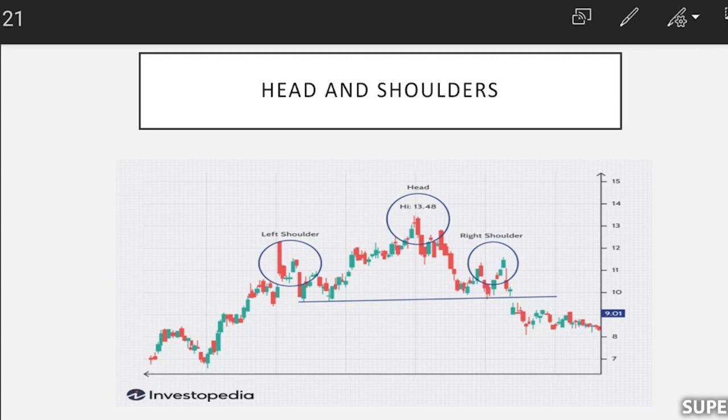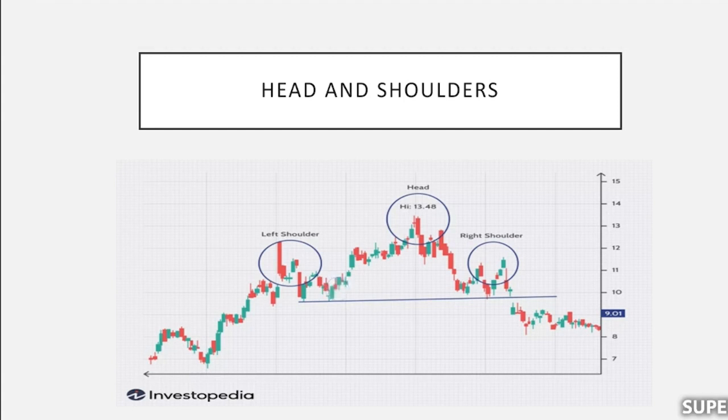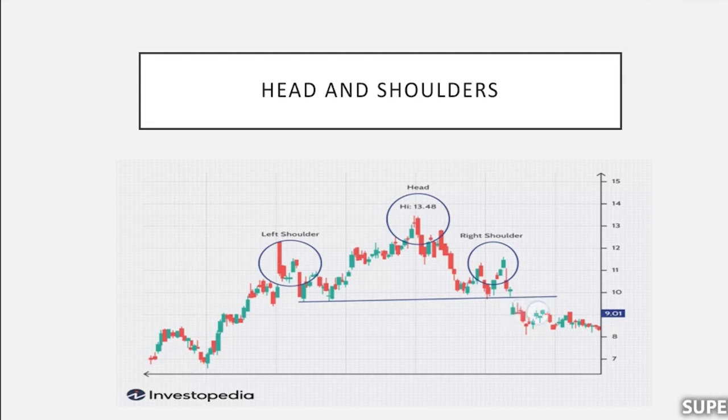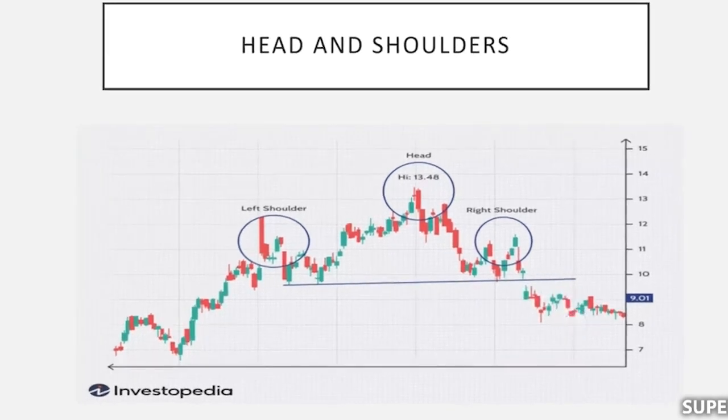The first low point occurs here at the end of the left shoulder. The second at the end of the head. And the pattern is completed when the support provided by the neckline is broken. Here it is broken.